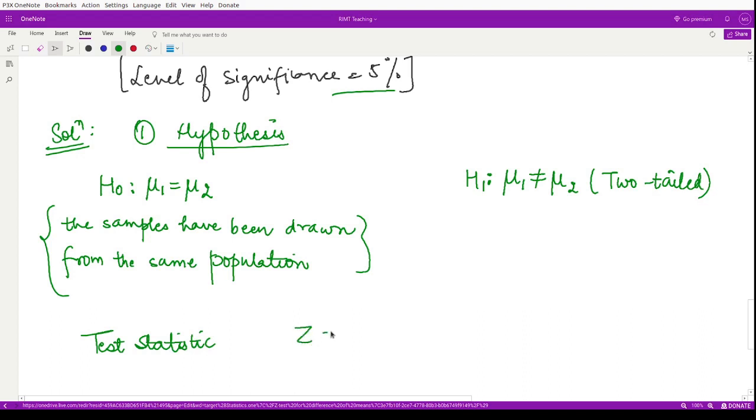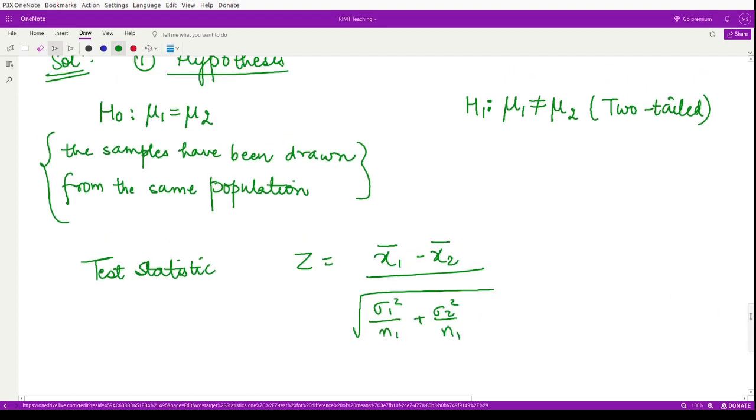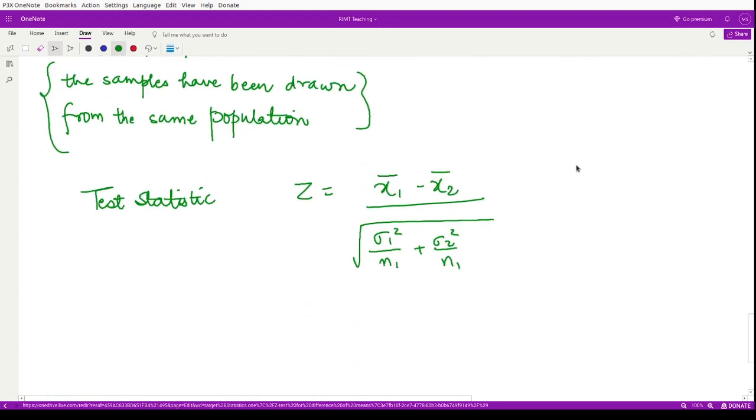So we will calculate Z, which is defined by x1 bar minus x2 bar divided by square root of sigma 1 square by n1 plus sigma 2 square by n2. Now notice here that the standard deviation is given to be 2.5 inches for both the populations. So your sigma 1 is equal to sigma 2 is equal to 2.5 here.